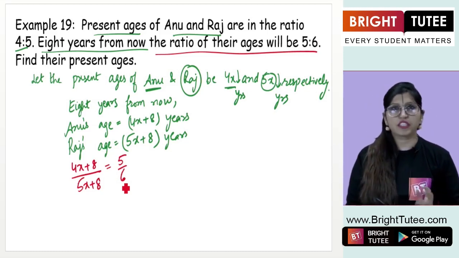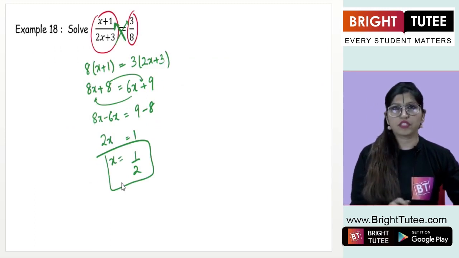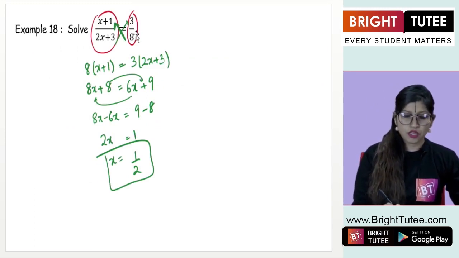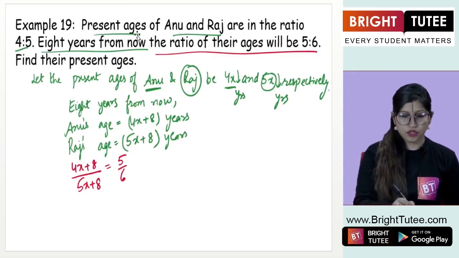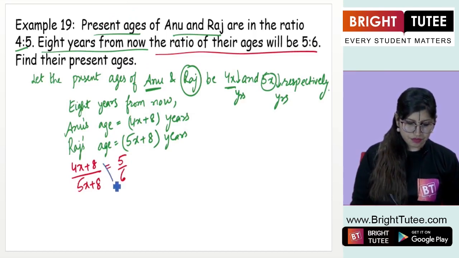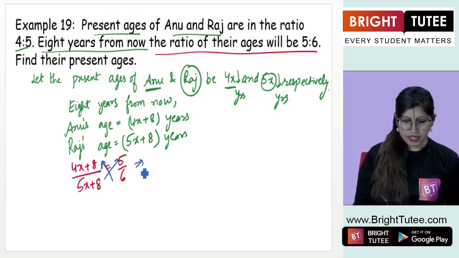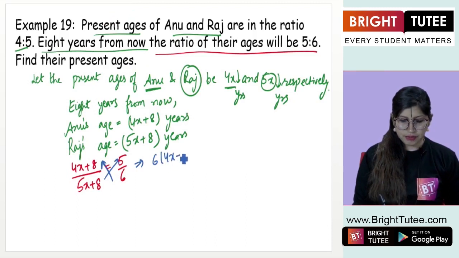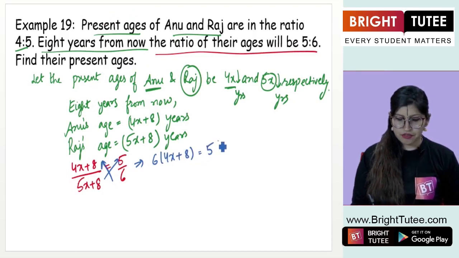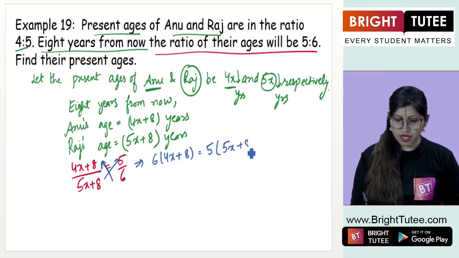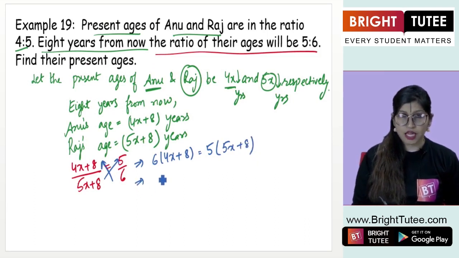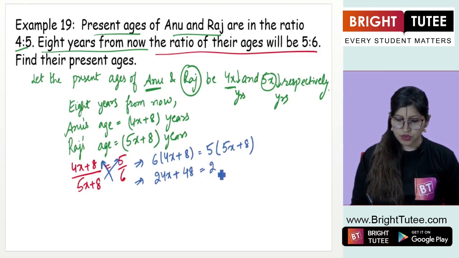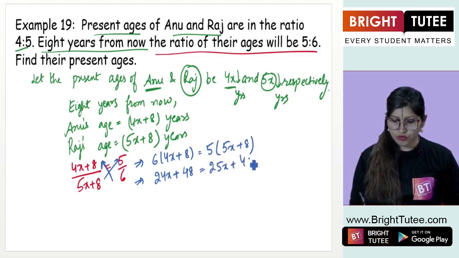Now it is of the same form which we did earlier, so we'll cross multiply. We'll get 6 times (4x+8) and 5 times (5x+8). Now 6 times 4 is 24x plus 48, and 25x plus 40.